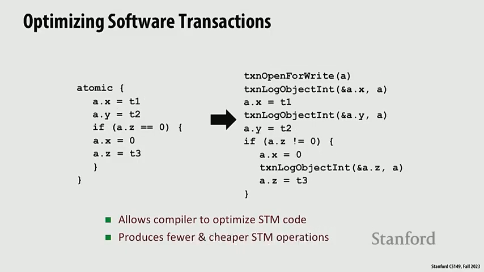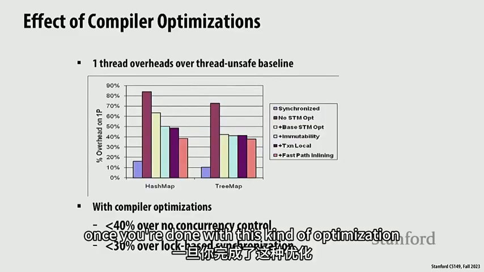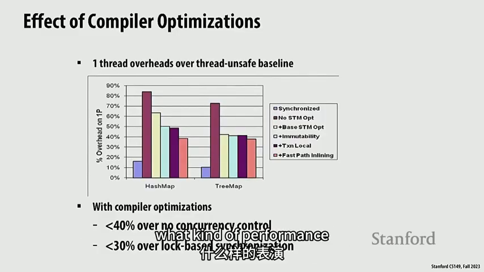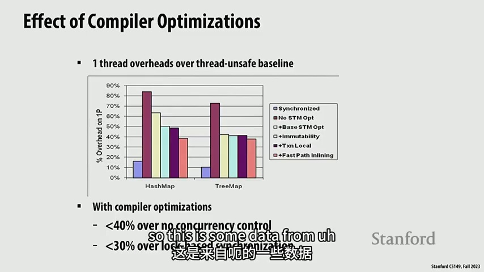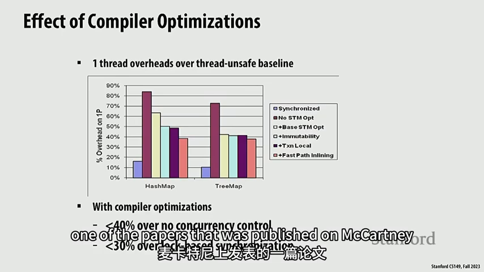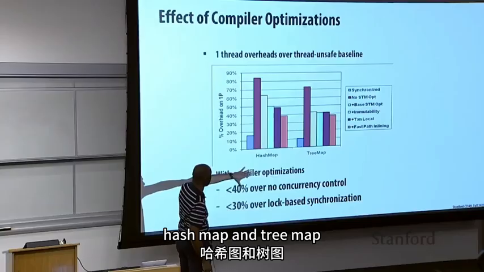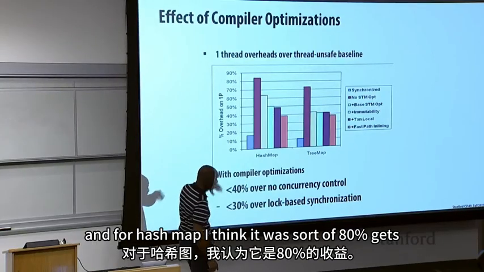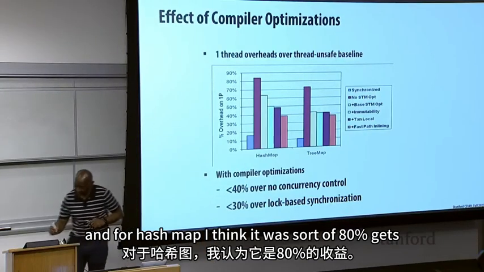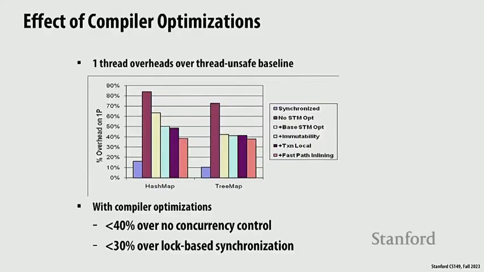Then the question is, once you're done with this kind of optimization, what kind of performance do you get, right? So this is some data from one of the papers that was published on McRT, and it's looking at two data structures, hash map and tree map. And for hash map, I think it was 80% gets and 20% puts, right?